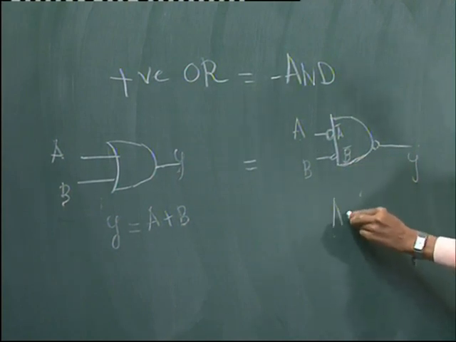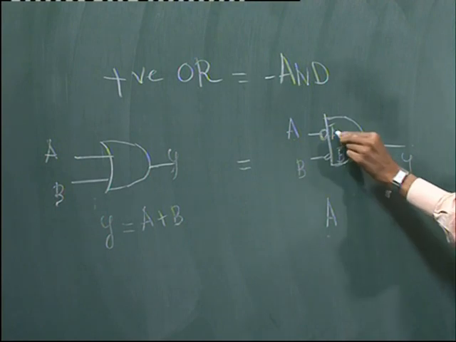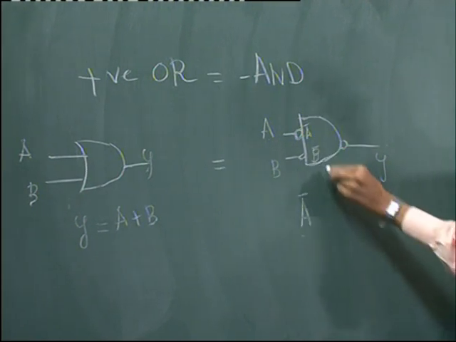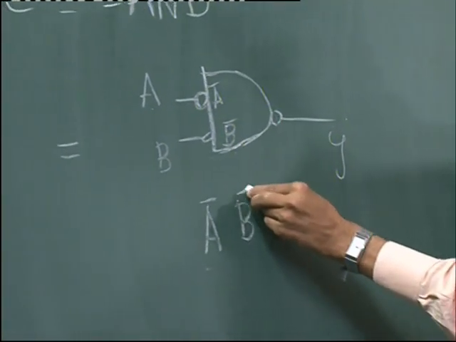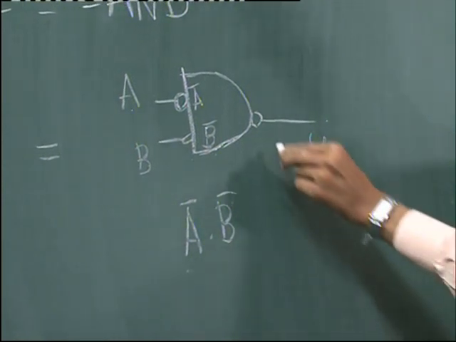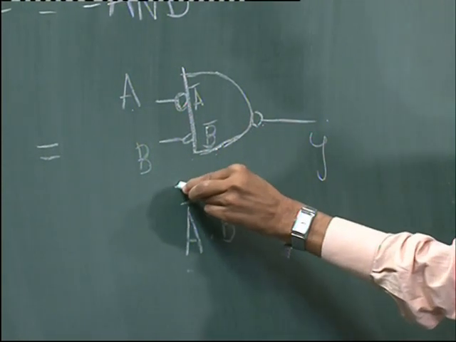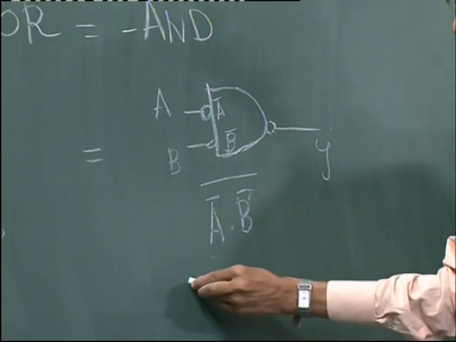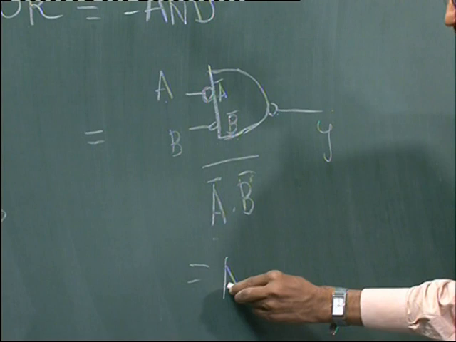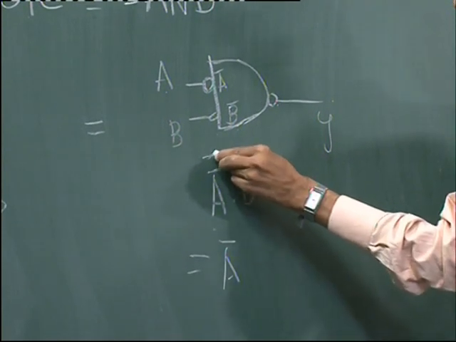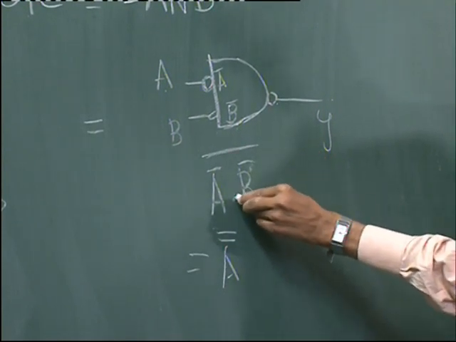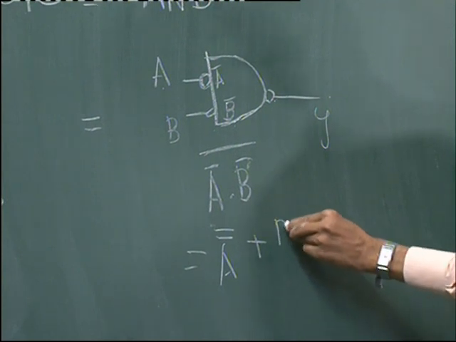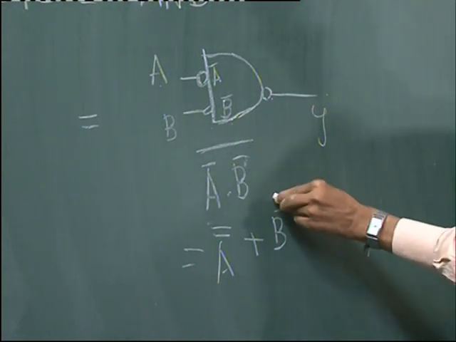AND gate means whatever input is there, right now I am having A bar and B bar, and AND means dot. There is another bubble, which means I need to do another bar. If you solve this equation, you get A bar with one bar from this, dot B bar with another bar from this, all barred.